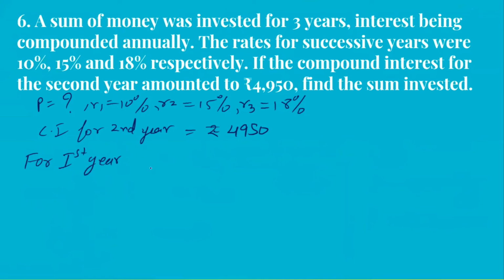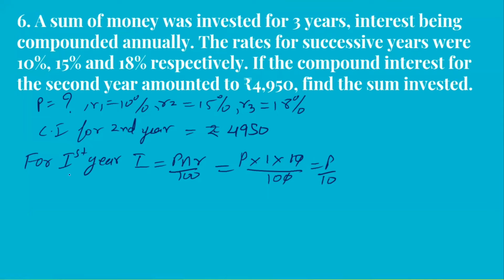Since the successive rates are given, we have interest is equal to PNR upon 100. So P into 1 into rate of interest 10 upon 100, which we get as P upon 10.